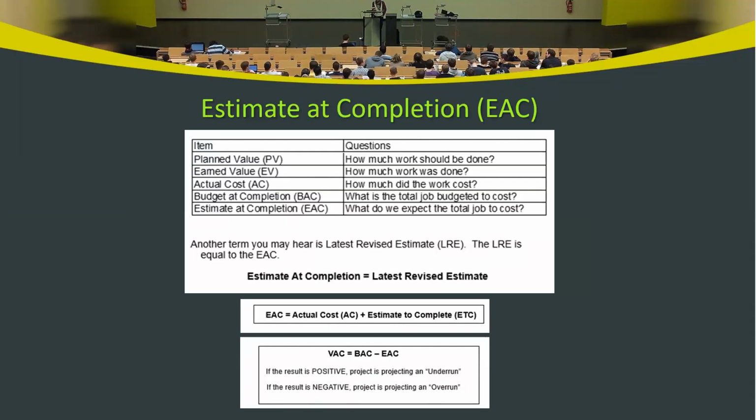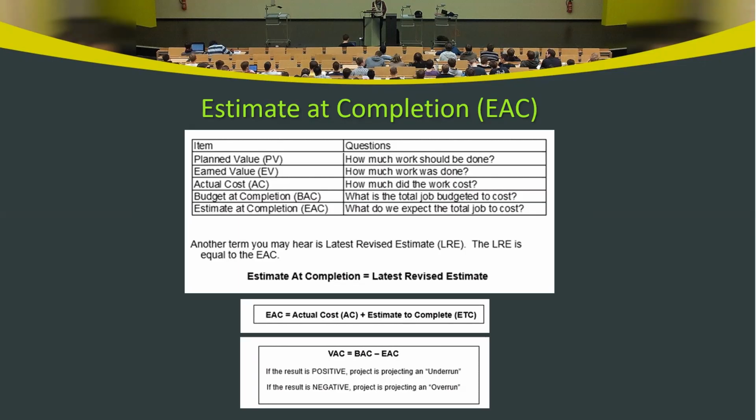Estimated completion is based on the forecast. So you have your efficiencies, and you have to make the assumption that this is the efficiency as of the time of observation. If that trend continues until the completion of the project, what is the revised budget?